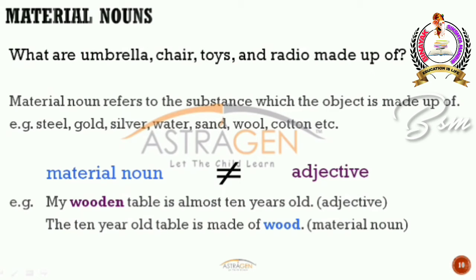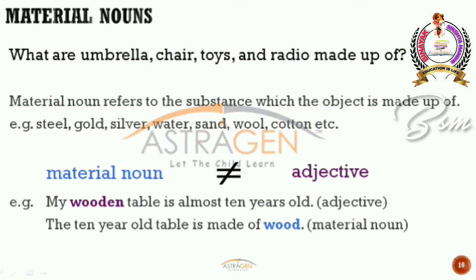So the simple trick to identify an adjective is to put the question how to the noun. So in the first example, my wooden table is almost 10 years old, right? So first identify the noun. What is the noun in that? Table, right? Now put the question how to the noun. How is a table?